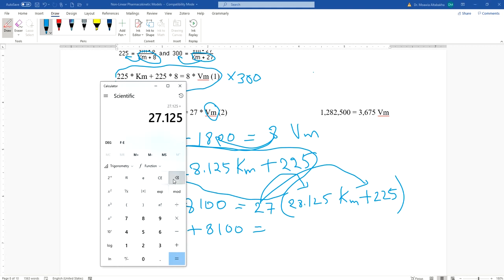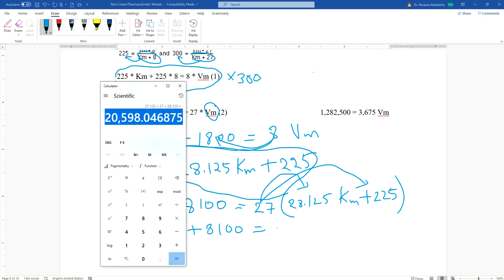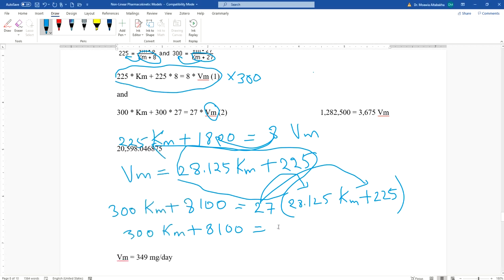Okay, let me repeat this one. 27 multiply it by 28.125 equals, okay, I have here 20,598.